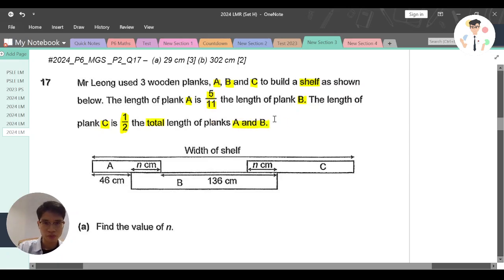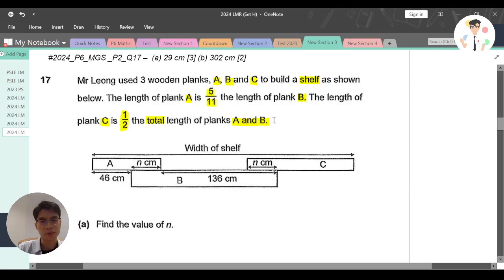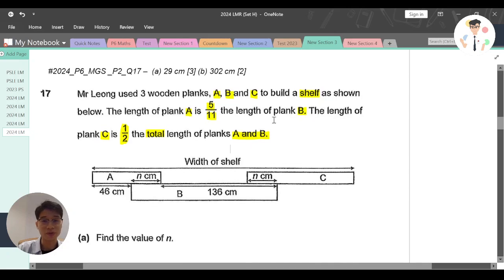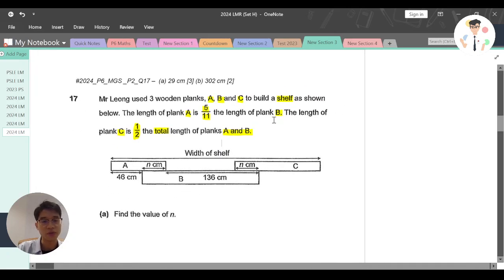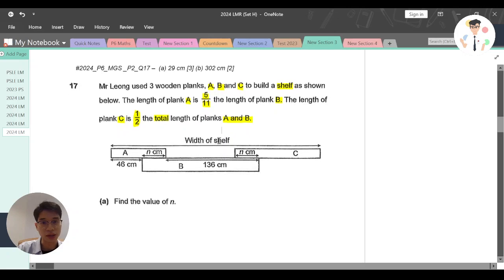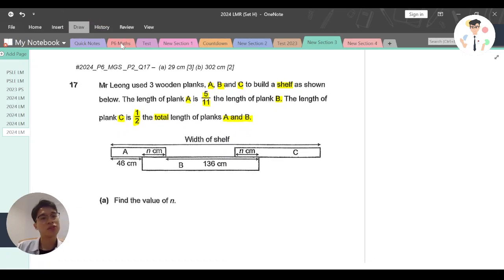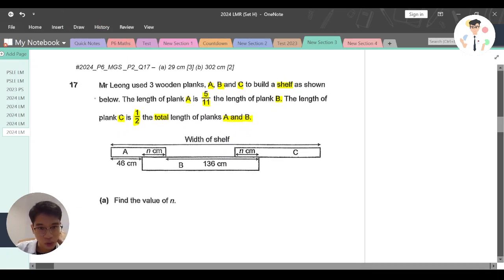Now, let's try to solve the first part first. Let me just zoom out a bit so we can see more clearly. I would suggest to solve this whole thing here.